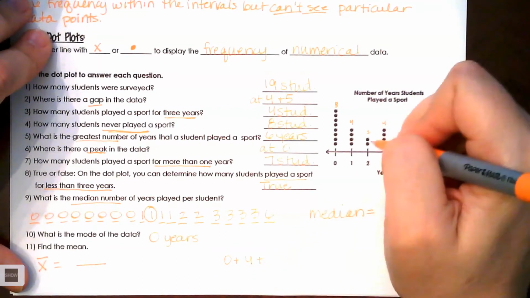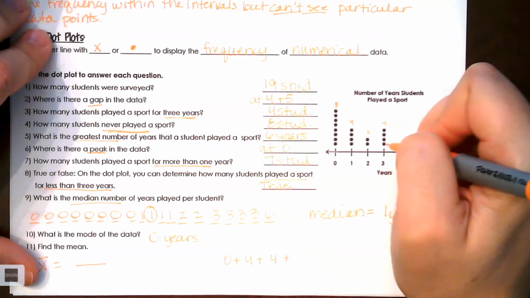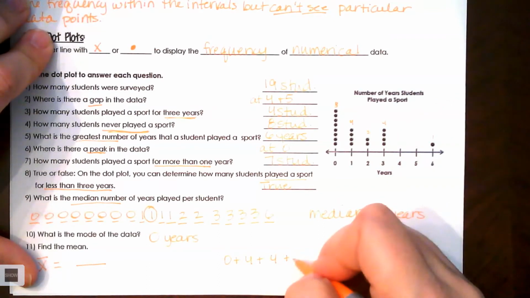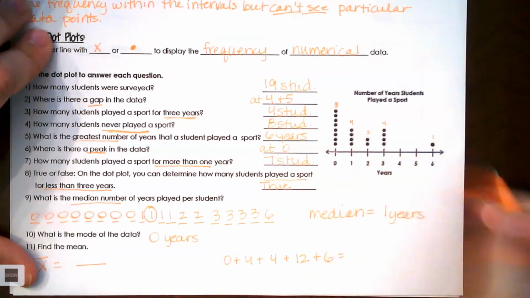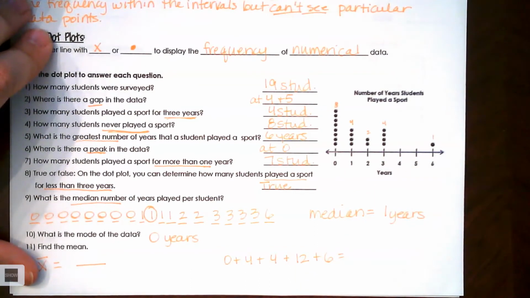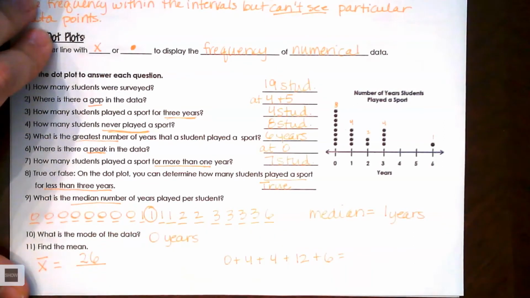We have 2 twos, which is 4. We have 4 3s, so 4 times 3 is 12, and then we have a 6. By clustering those values, it leaves less room for careless mistakes. So when you add the 4, the 12, and the 6, you should get, let's see, 26. So that is our sum.